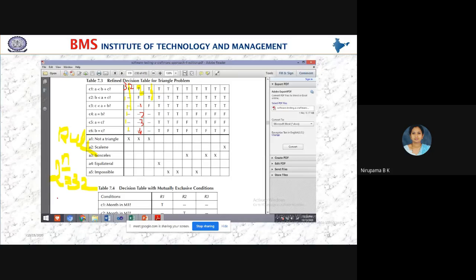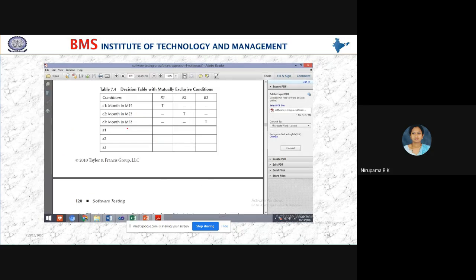So 2 to the power of 4 is 16. Yes. Here 1, 2, 3, so 2 to the power of 3 is 8. This is how we calculate the rule count.